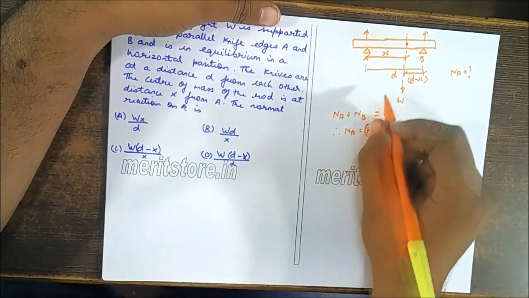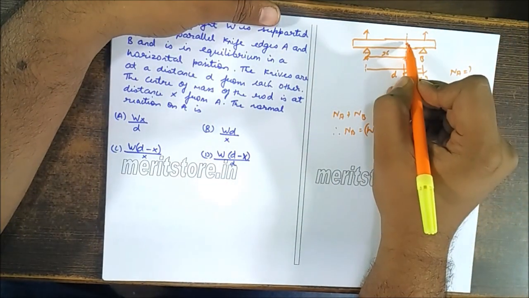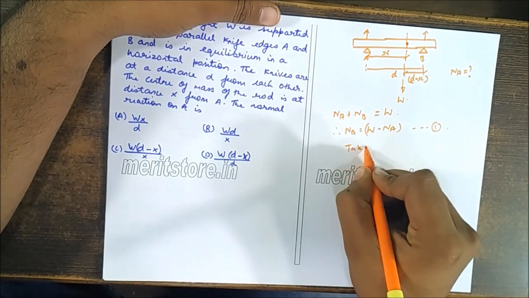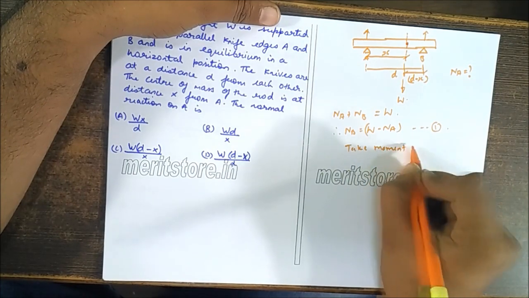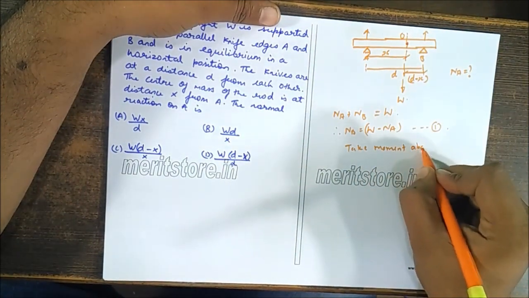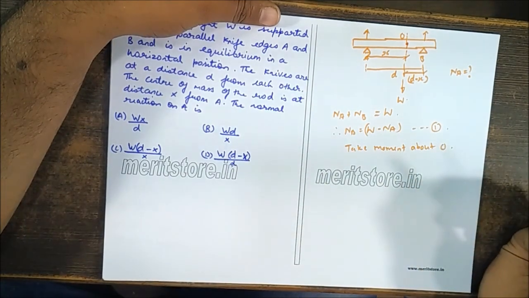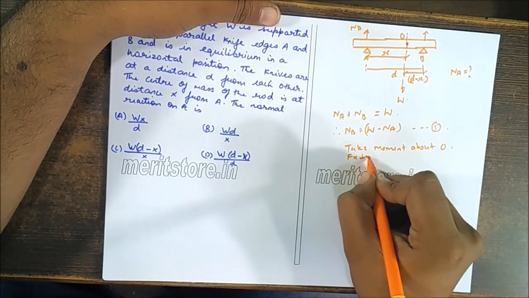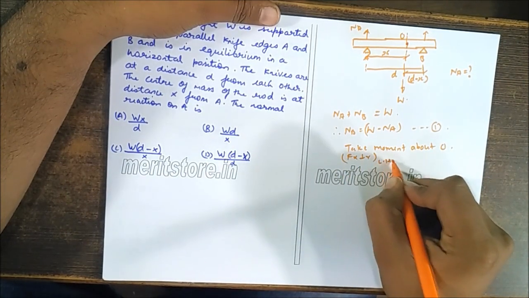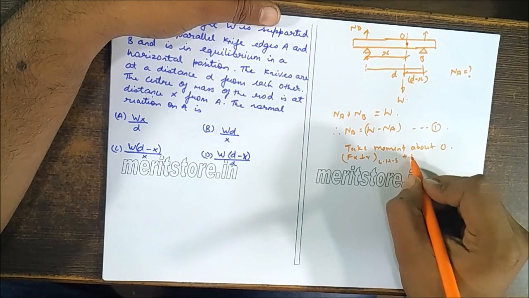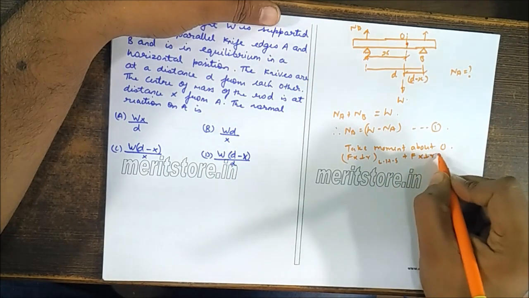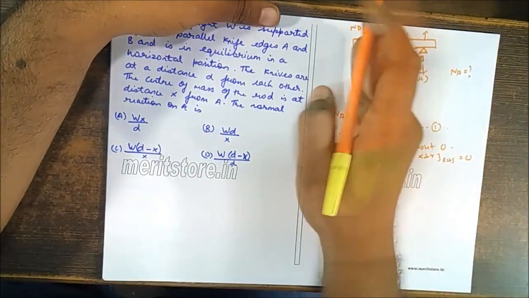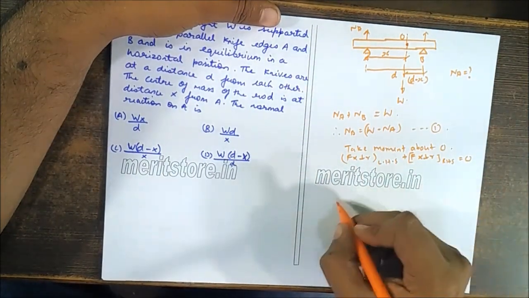Now, torque will always be balanced at the center of mass. If I take moments about O, it is force into perpendicular distance on the LHS plus force into perpendicular distance on the RHS equals 0.